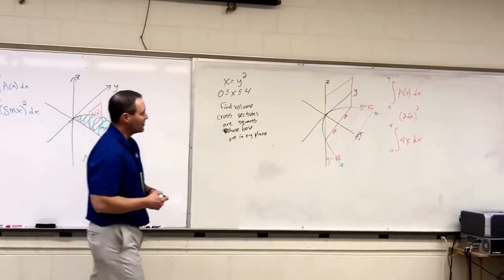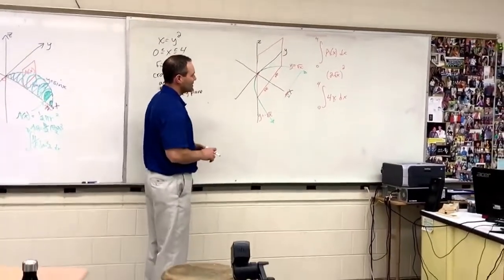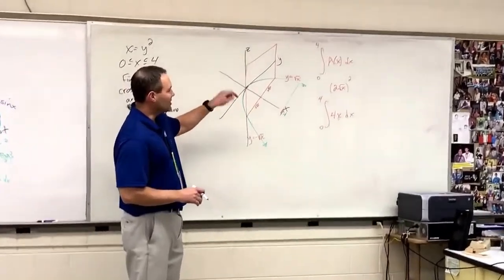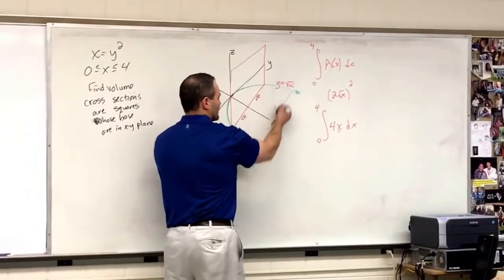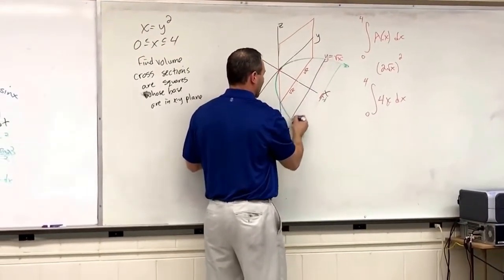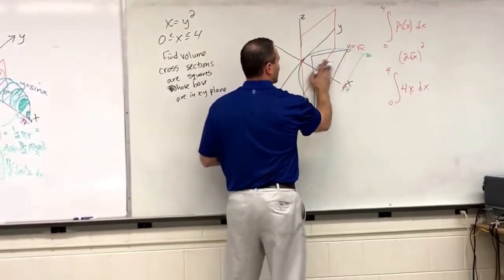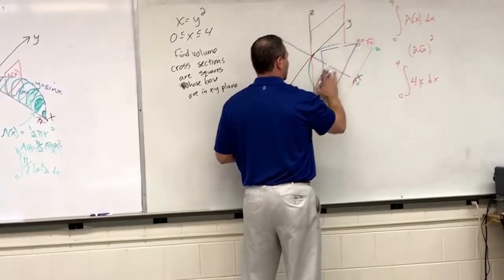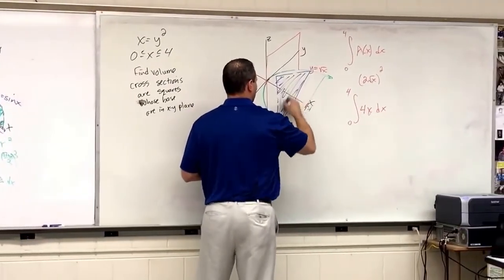All right, so let's say that my new cross section is an equilateral triangle whose base is in the same spot. So this is now an equilateral triangle. Okay, wait a second.